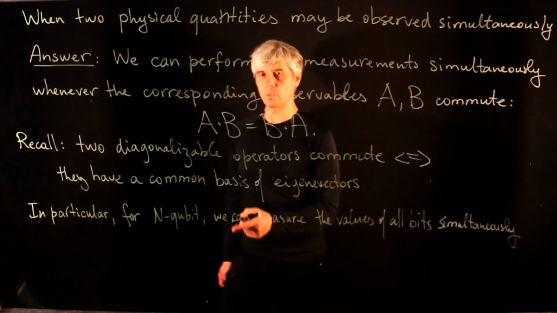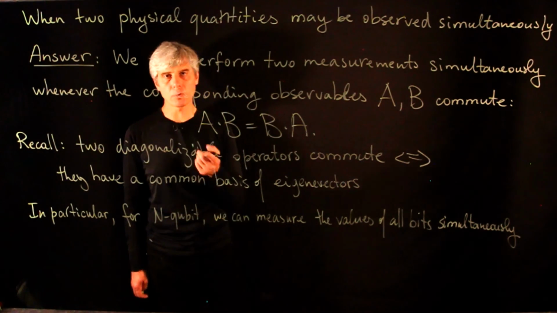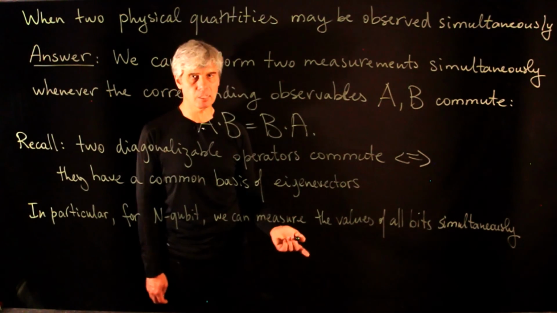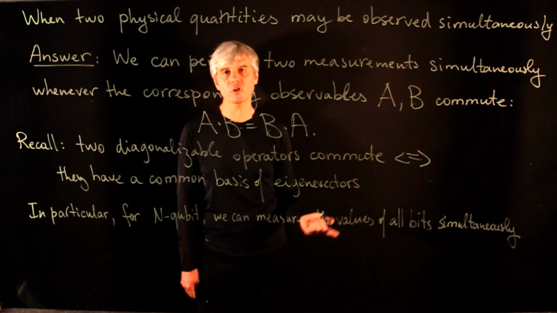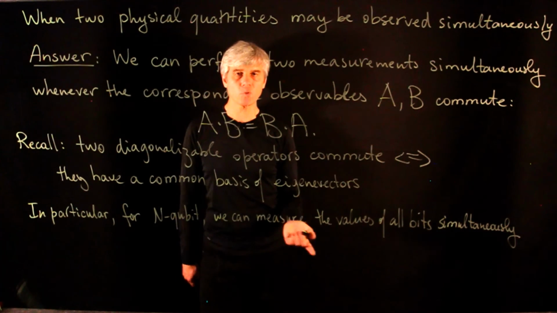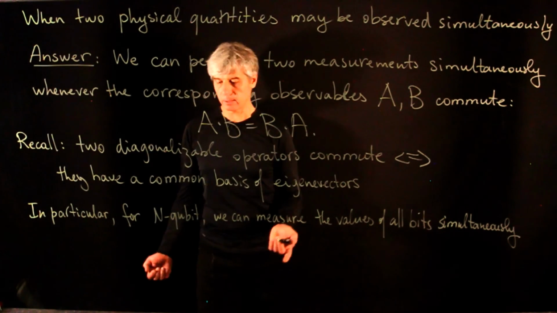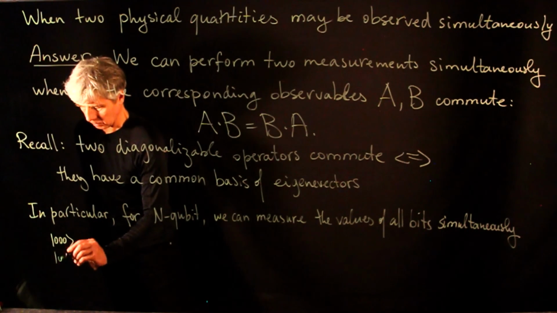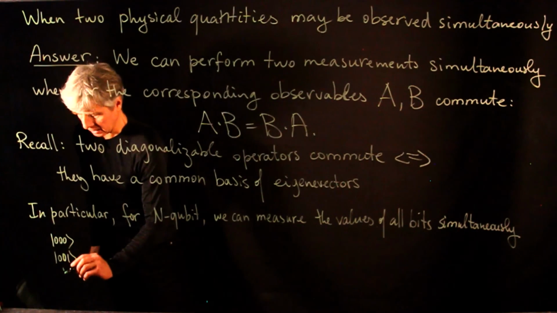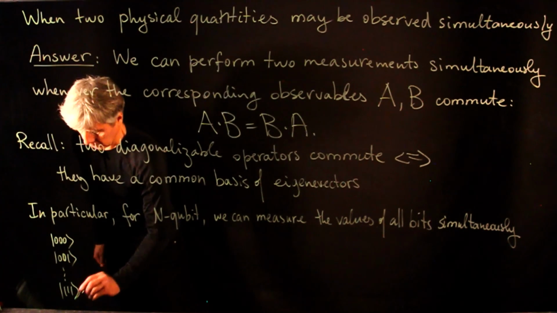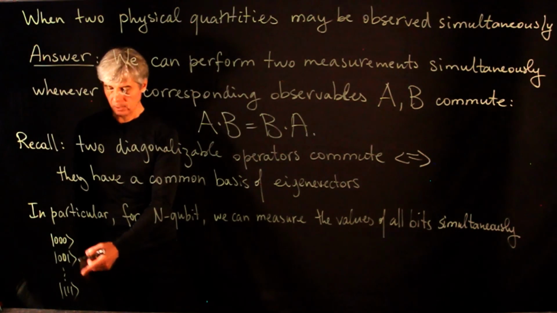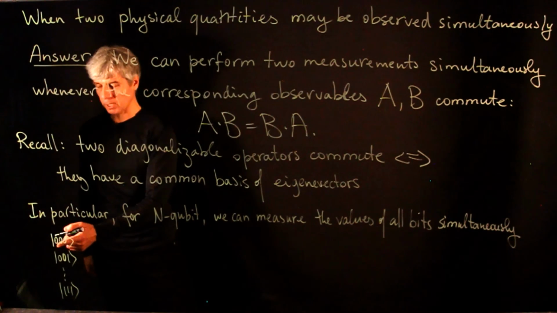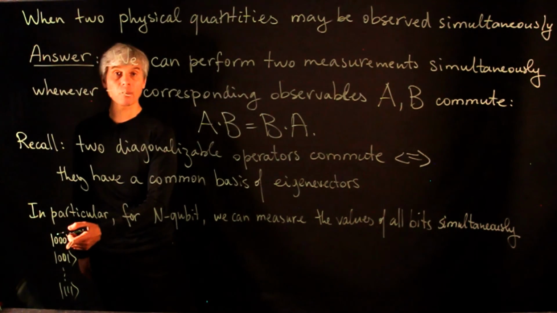Right. Okay, so we discussed the measurement operator for the first bit. In the same way, we can write down the measurement operator for the second bit. And so these two measurement operators, or these two observables, will commute. And because we have this basis, if we write the standard basis for n qubit space, this basis is a basis of eigenvectors for measurements of the first bit, the second bit, and the third bit.